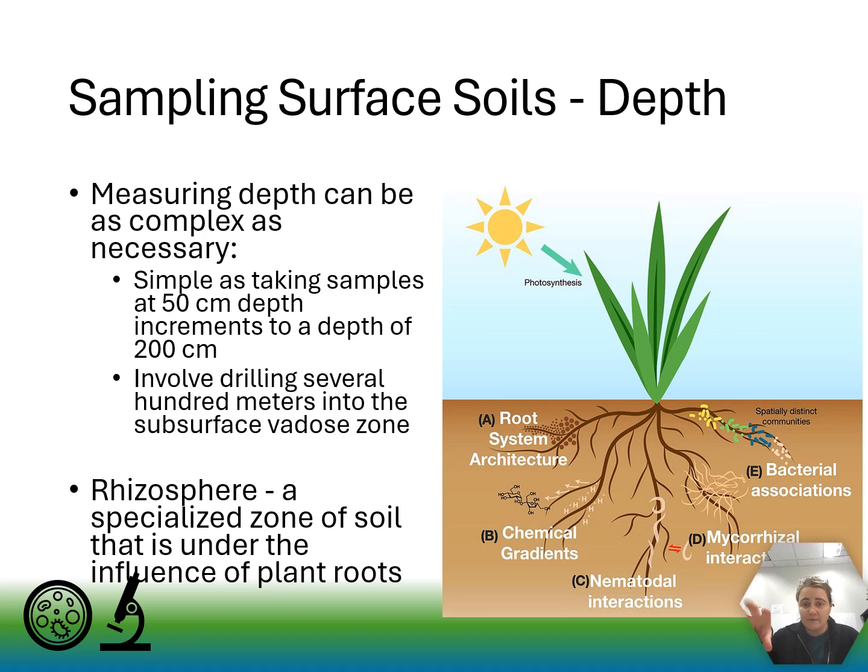So when we take samples for the class for you, we have to take it out in a field where there's a lot of grasses and there's a lot of root structures for the grasses. And we have to be very careful to make sure that we move around those plants and dig just deep enough or away from roots if possible, so that we're not getting the influence of plants, because plant cells are going to be different than bacterial cells in soil. And so that's something that can be a very big confounding factor when we talk about what's going on in the soil.